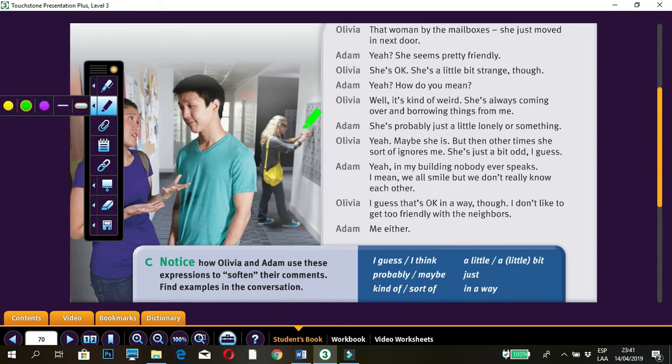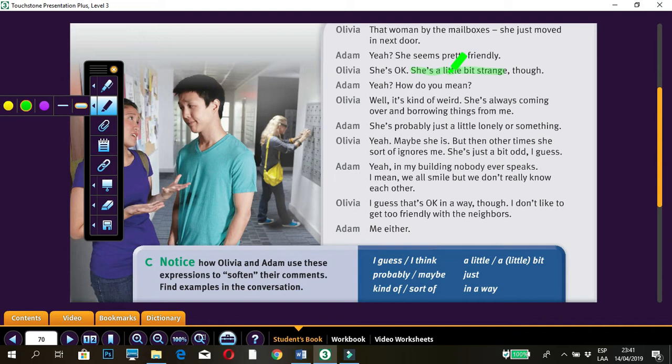We have I guess or I think, probably or maybe, kind of or sort of, a little or a little bit, just, and in a way. For example, when she says, she's a little bit strange. Ella es un poquito extraña. That's what it means.